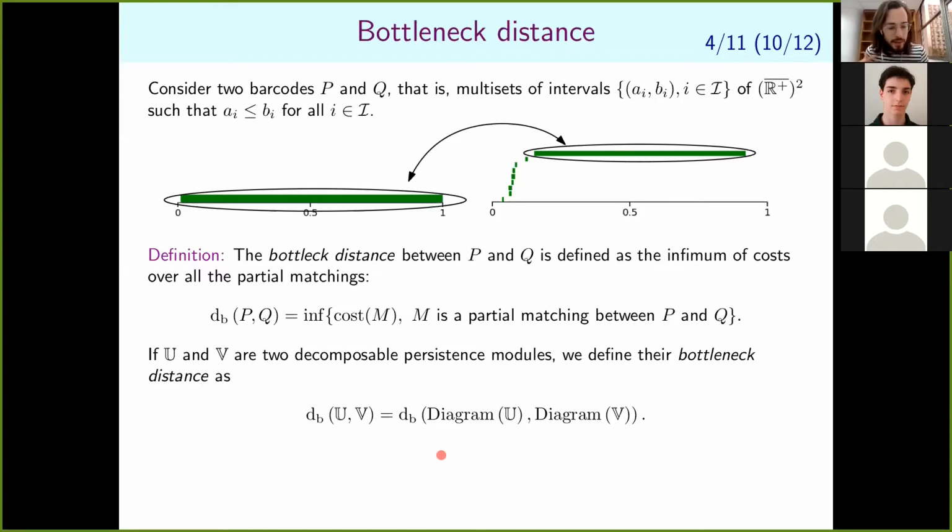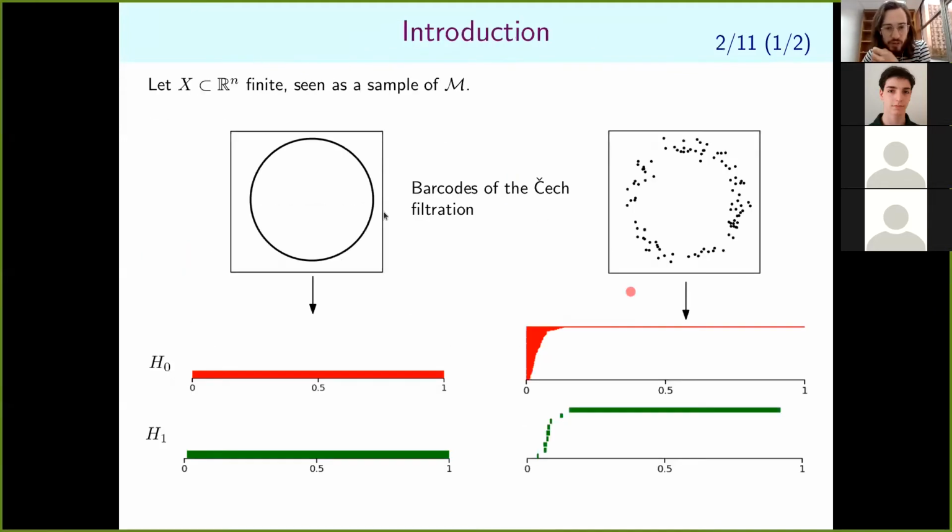So really, this is the idea behind saying that these two barcodes are close to each other, right? A good notion of closeness, a visual one, is the bottleneck distance.